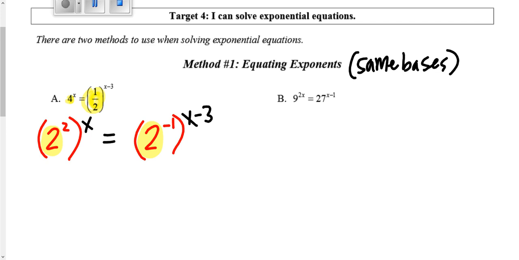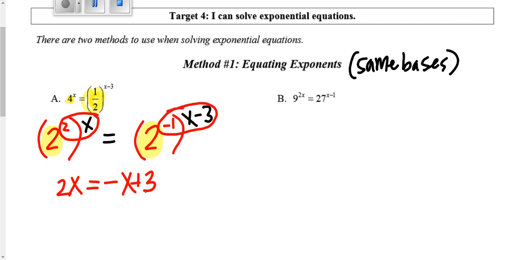Then moving forward, we're going to ignore those same bases. I'm going to ignore the 2's and use my properties of exponents to combine these exponents. So that exponent would be 2x, and I would multiply these exponents together as well: negative x plus 3.